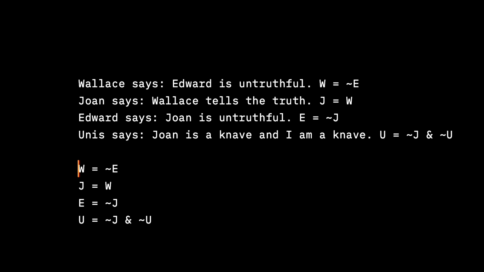Let's do the truth table generator one first. The truth table generator needs 1 sentence. So the way that we put these 4 sentences into the truth table generator is we conjoin them into 1 sentence using and. So we're going to say this one is true, and this one is true, and this one is true, and this one is true.